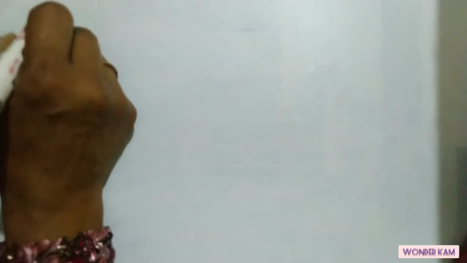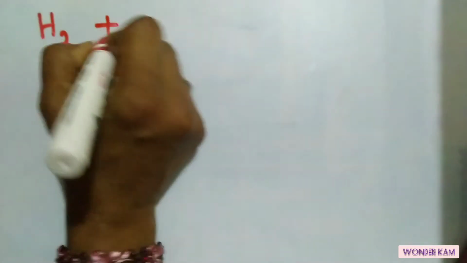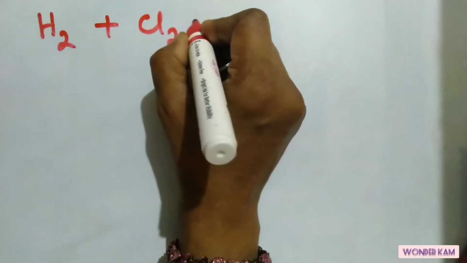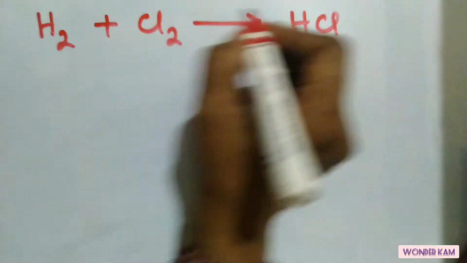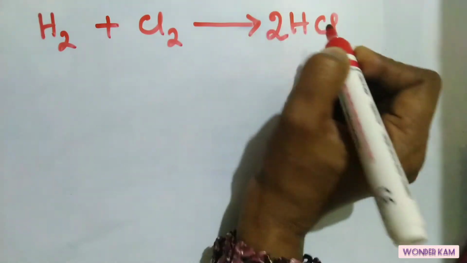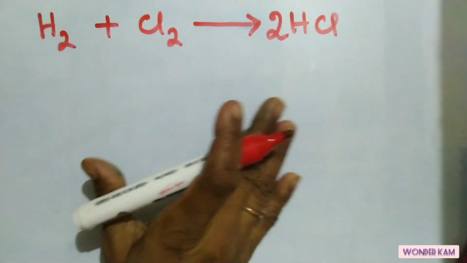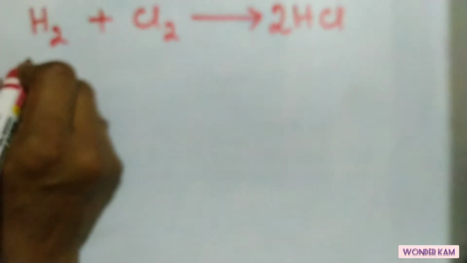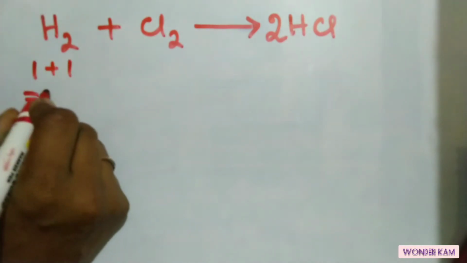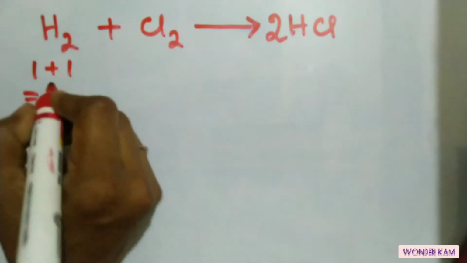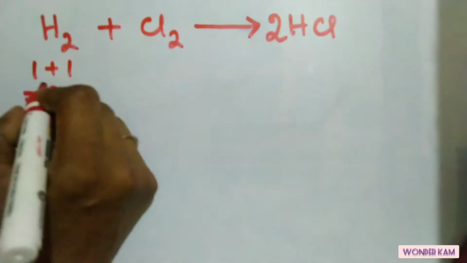Let us consider a simple example of hydrogen and chlorine, which gives hydrogen chloride. Let us balance this. So now this is a balanced chemical equation, and I am writing the atomic masses.